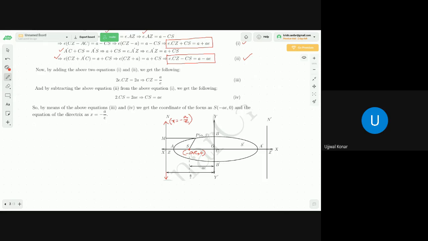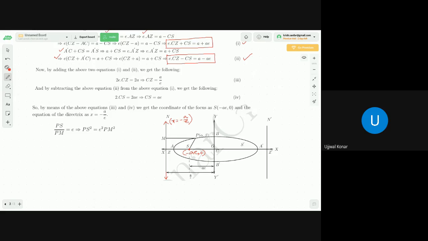PS by PM is equal to E. That is for sure, that you understood. That we already understood. That is the fundamental definition of an ellipse. So eventually we square both sides, and we get PS square is equal to E square PM square.